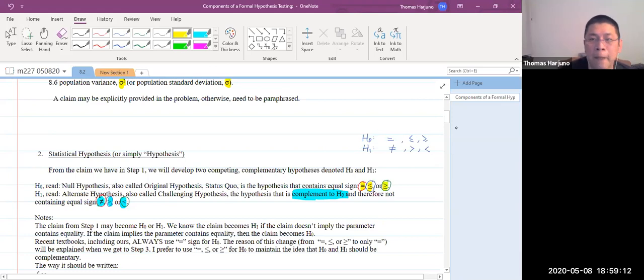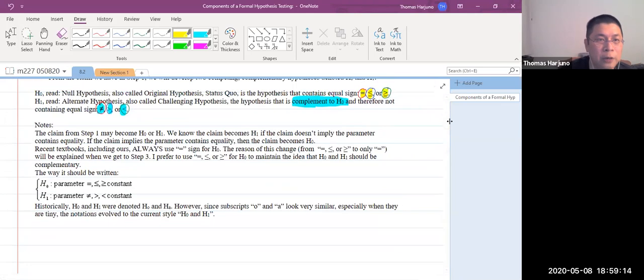Now some notes here. The claim that we get from step 1 may become the null hypothesis, or may become the alternate hypothesis. So differentiate the words claim and hypothesis.